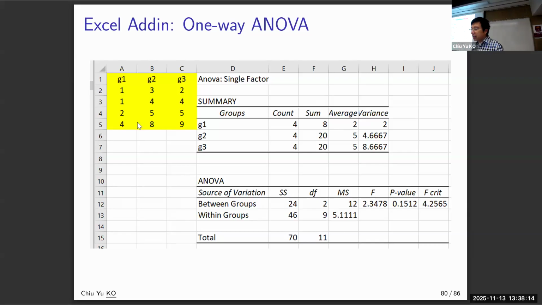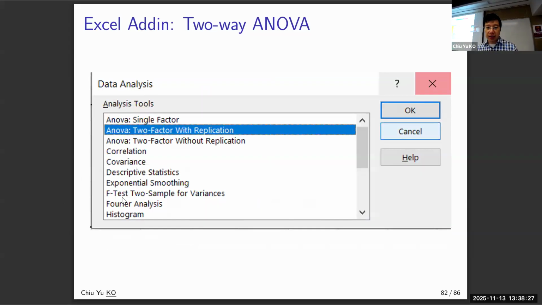Once you do that, you can go on and do the t-test and see which one is particularly more different from the others. That would be the idea, but we don't do the two-way ANOVA. What I mentioned about two-way ANOVA is that the observation has more than one grouping, right?